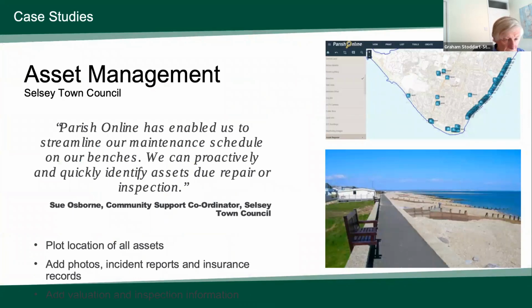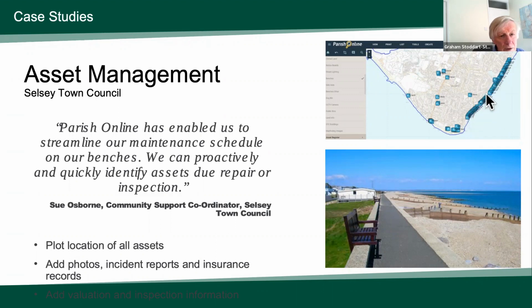So asset management is a huge topic. We actually do a training session entirely devoted to asset management, but it's really useful, very helpful. And you look at this example here for Chelsea. They've got all these benches and beachside fittings that they have to maintain and take care of, and they're all subjected to the sea, salt and weather and so forth.